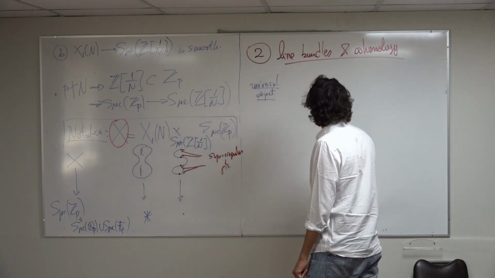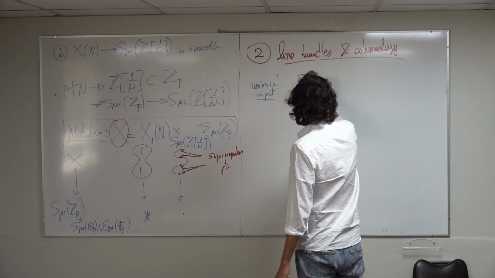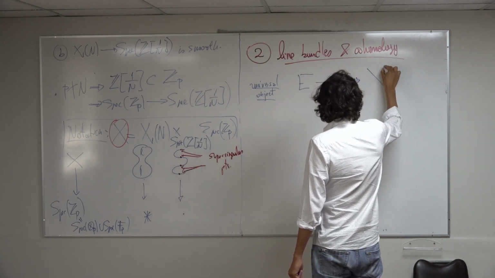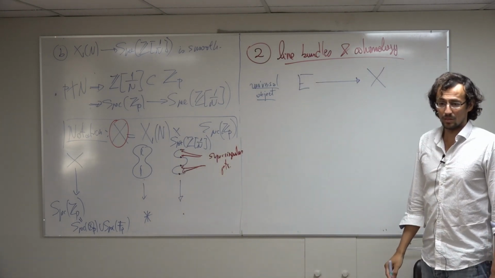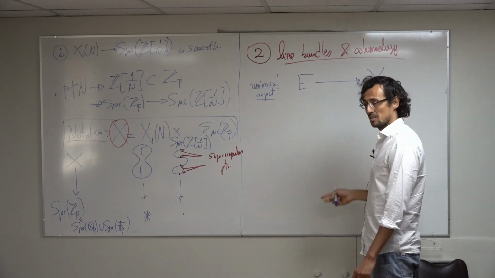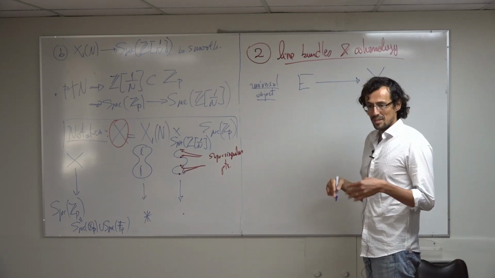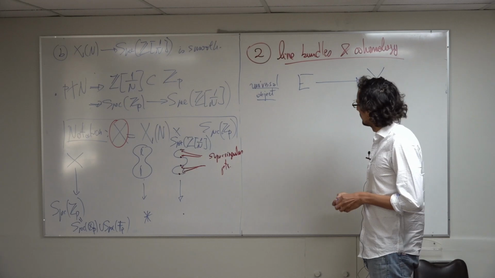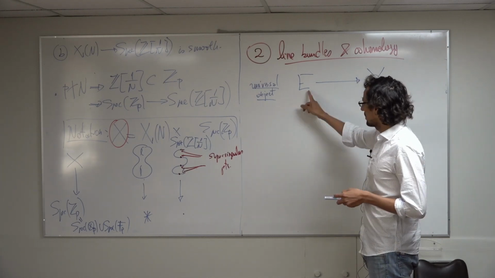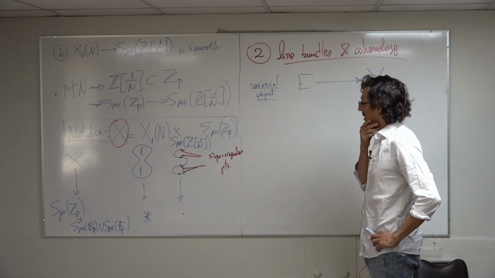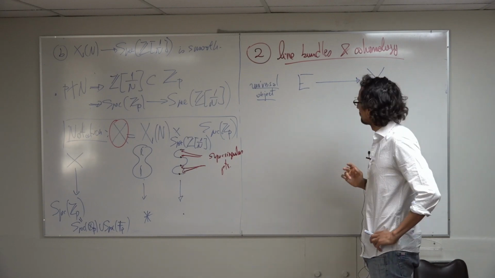The universal object is some elliptic curve over X. So an abelian scheme over X is a generalized abelian scheme over X satisfying some properties. And you have also some structure at N that we don't care right now.